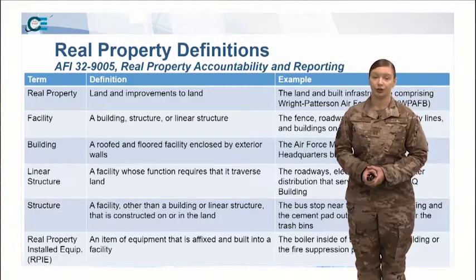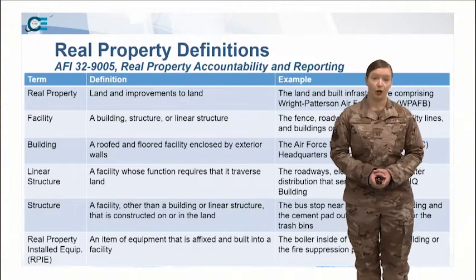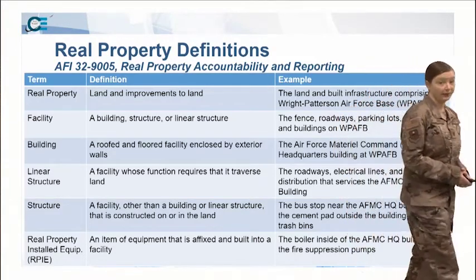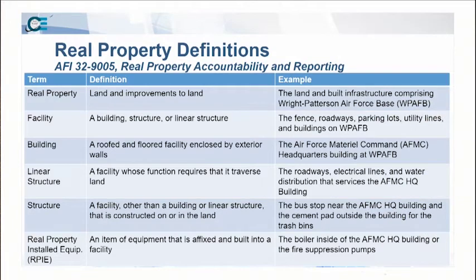Here are some real property definitions from AFI 32-9005. The AFI defines a facility as a building, structure, or linear structure whose footprint extends to an imaginary line surrounding a facility at a distance of 5 feet from the foundation.